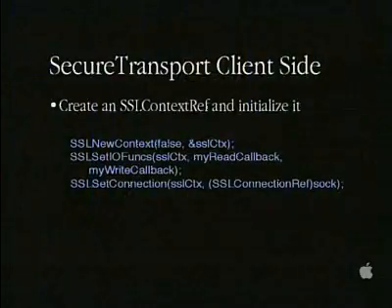In order to set up, we pass to SSL new context the SSL context pointer, which essentially returns your context pointer. We can set the I/O functions to my read callback and my write callback so that we're ready to do I/O. And then finally, we set up the connection, in this particular case with the passed in socket.